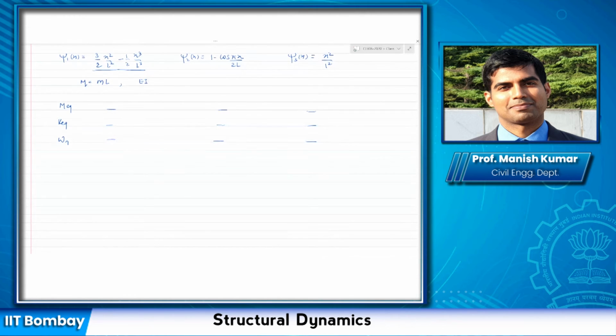Now we are going to substitute that in the expression for M equivalent, which would be nothing but the integral from 0 to L of m(x) times phi 1(x) dx. I want to do it for all of them. Again, I'm just writing down the expression. You can substitute and integrate it. Shouldn't be very difficult.